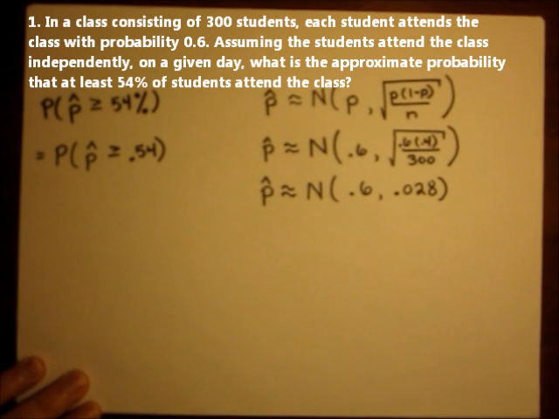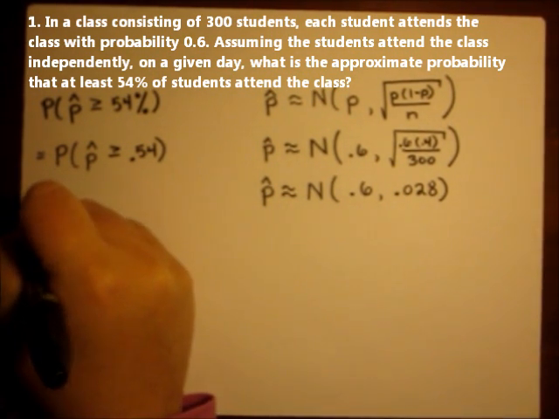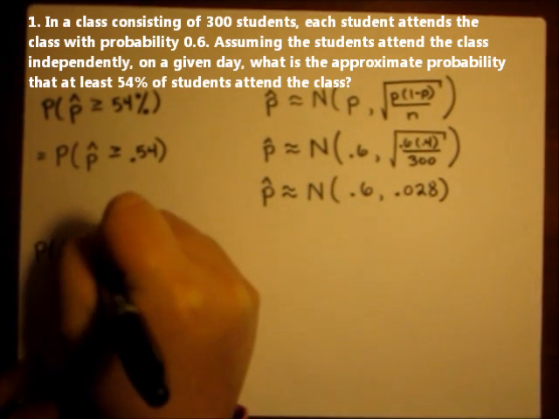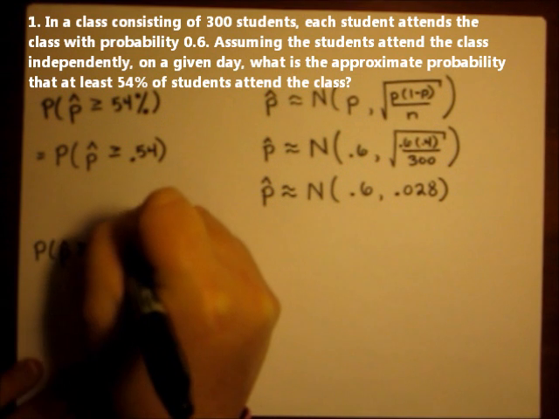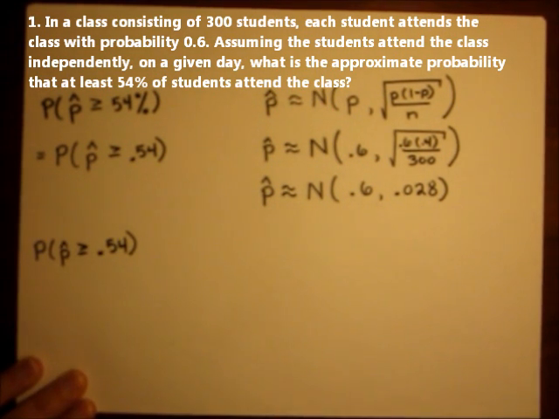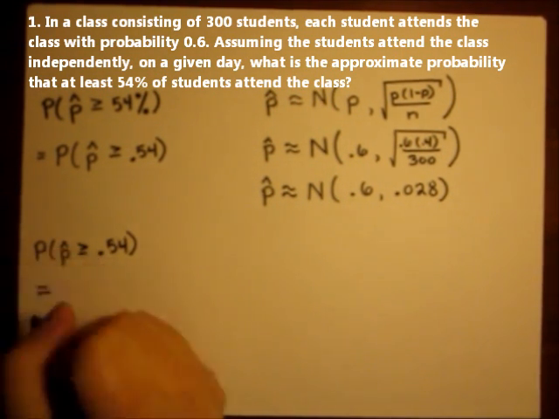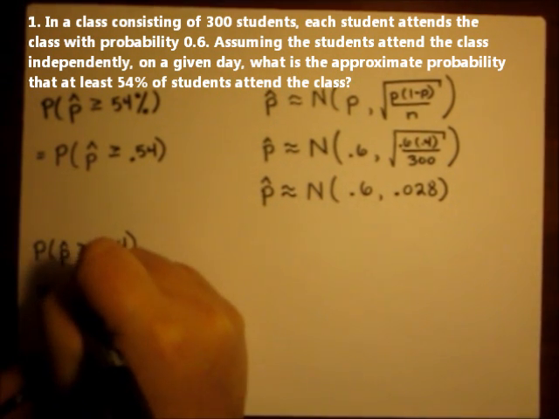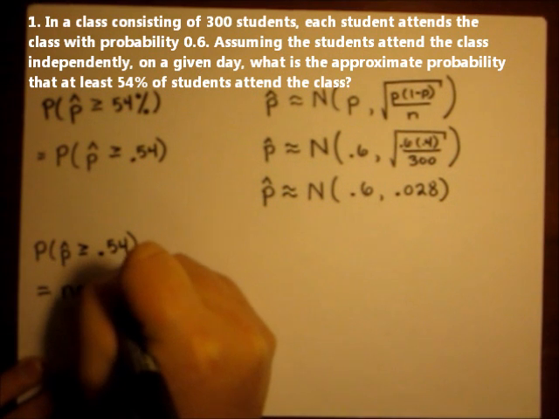Okay, so if I wanted to use my TI to find this probability, what I want is the probability that p hat is bigger than or equal to 0.54. And when we have a normal distribution, the way to find that probability on our calculator uses normal CDF.